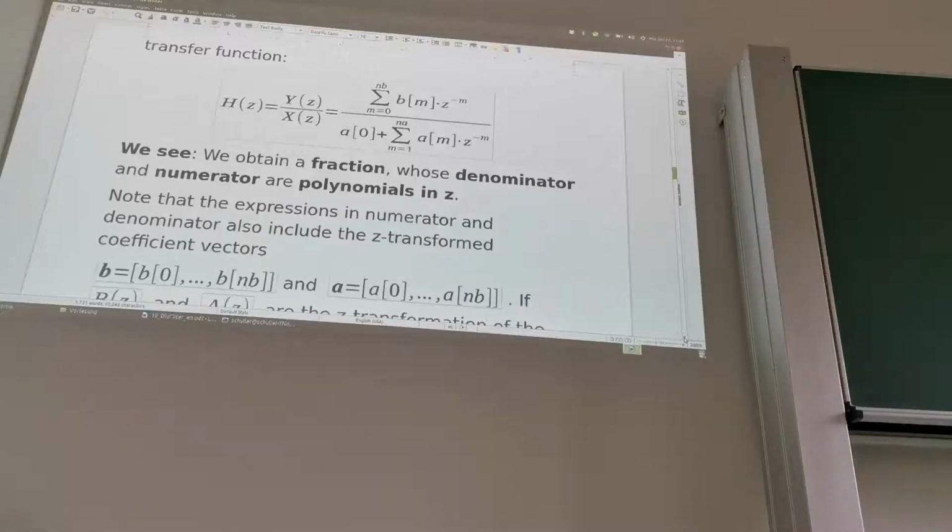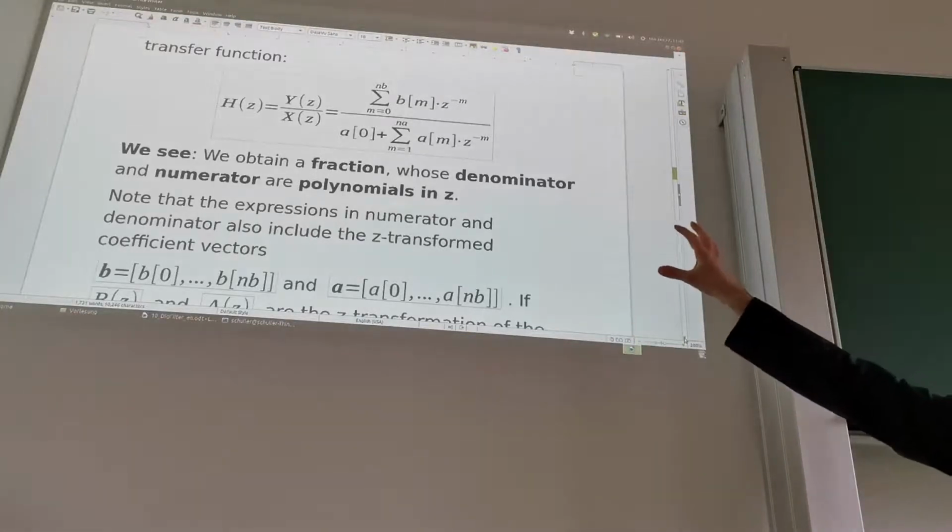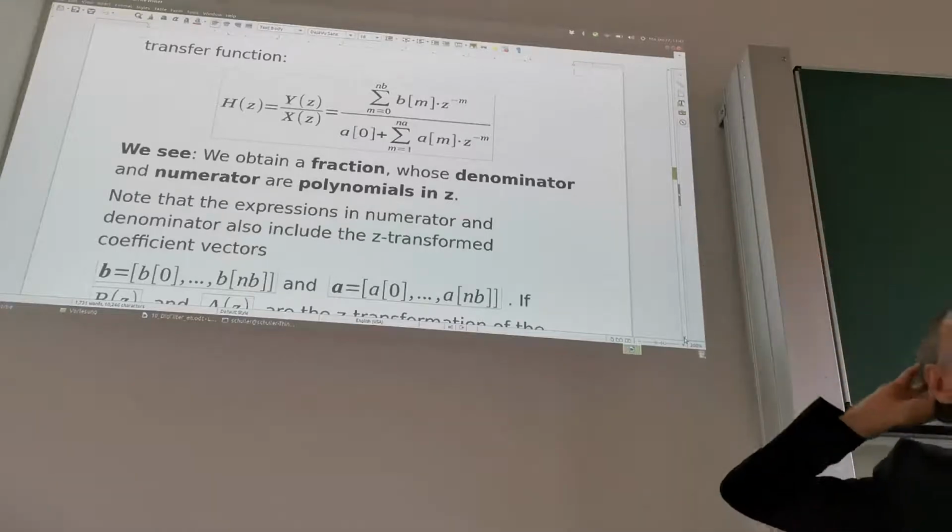And now you can also see why B is called the numerator coefficients and A is called the denominator coefficients. Right? Remember, we saw those expressions in the help function of L filter, A being the denominator and B being the numerator. And now we know why they are called this way. Right?